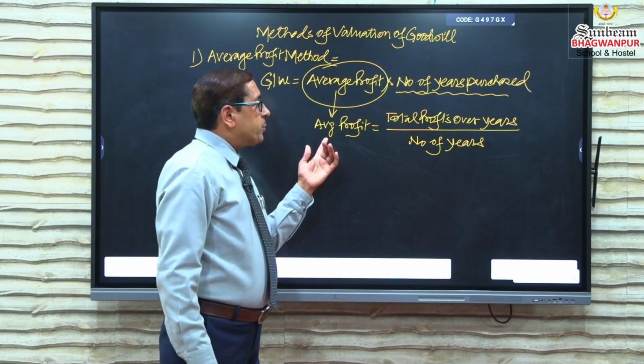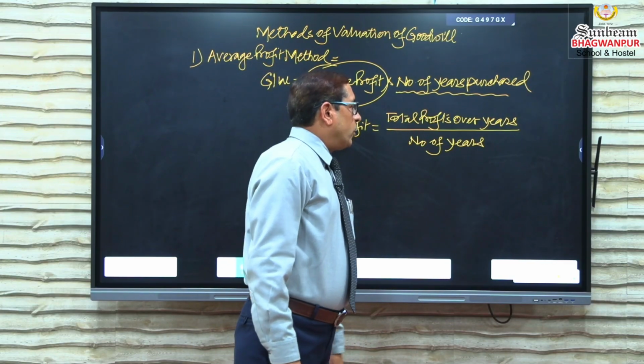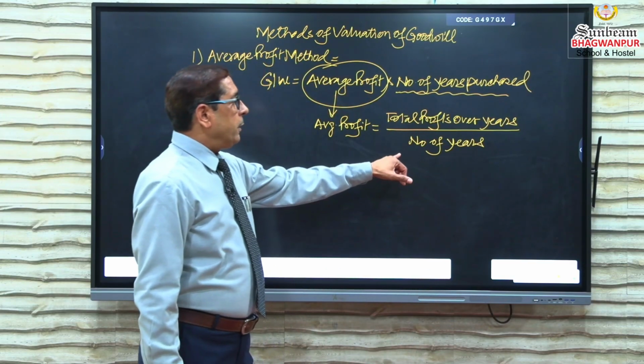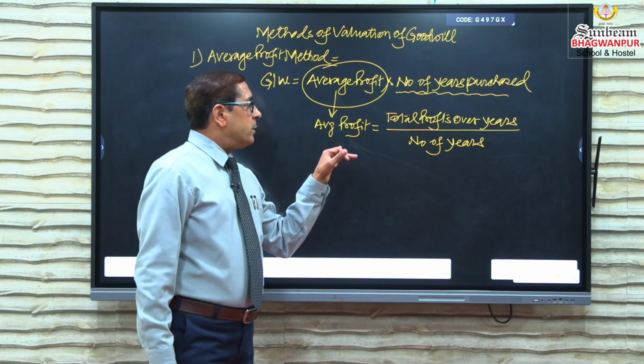To calculate average profit, we divide the total profits over years by number of years. This way you can find out the average profit.